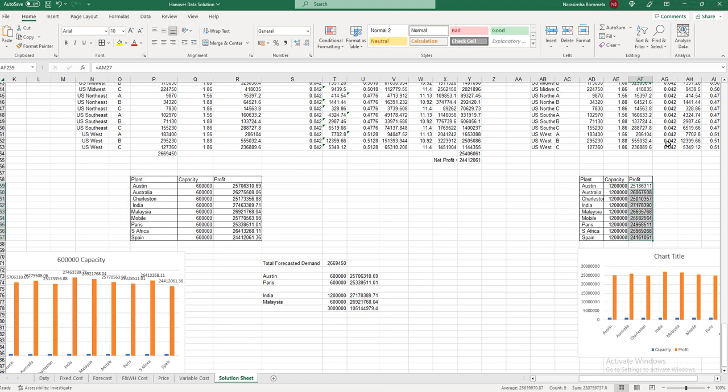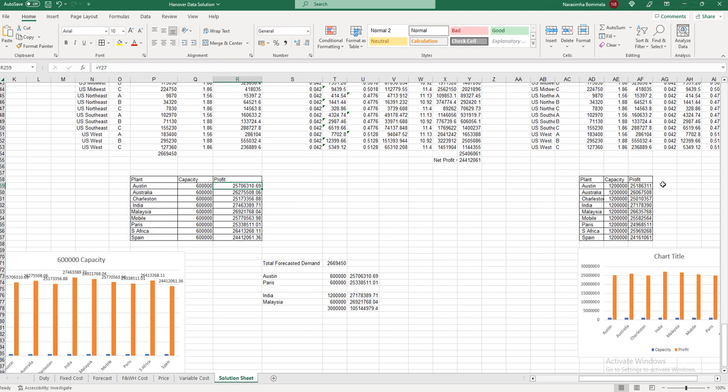Based on these values, we are supposed to identify the best locations in which we can implement a new plant. Based on the table provided here, let us consider Austin and Paris. To understand whether we should go with maximum capacity or the capacity that is running at present, that is 600,000: if you cross check Austin's capacity of 600,000, the profit generated is 25706310.